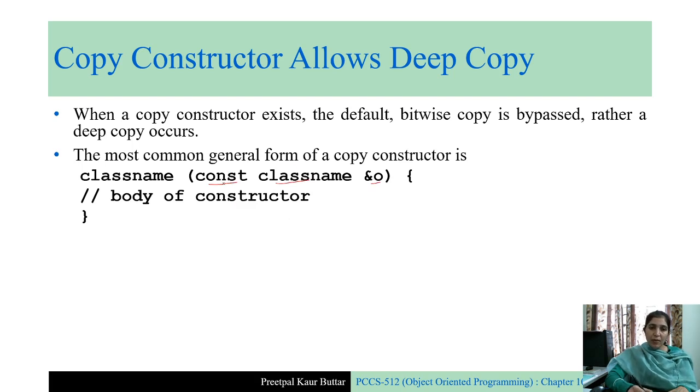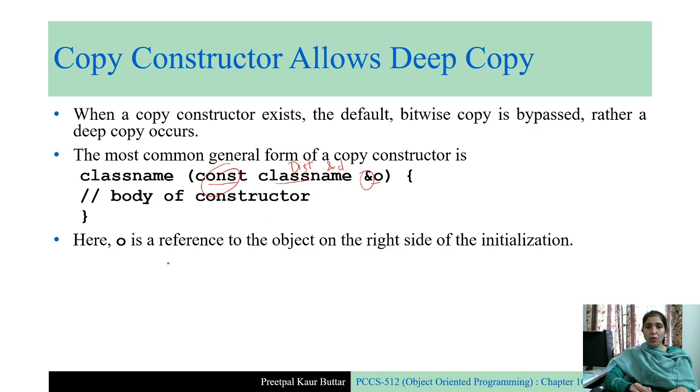Why we write const here and why we write ampersand here, I will tell you when we write the program for the copy constructor. At this point, just note that you have to write the name of the class, suppose Distance, and the name of the object preceded by an ampersand. So o is the reference to the object here because we have put the reference operator here.